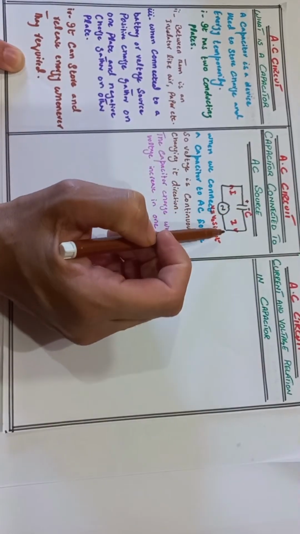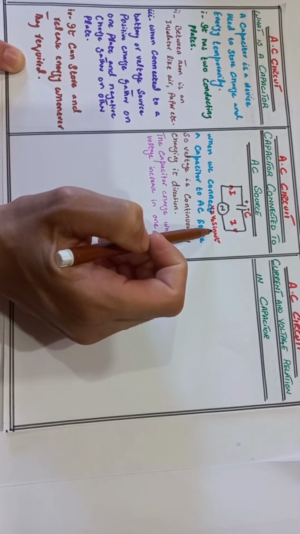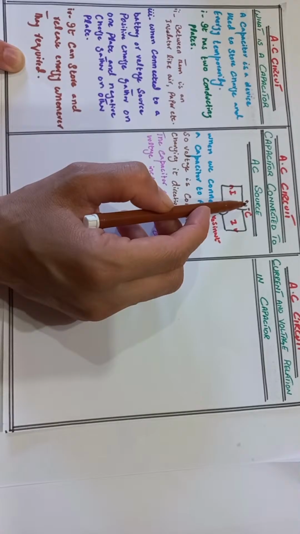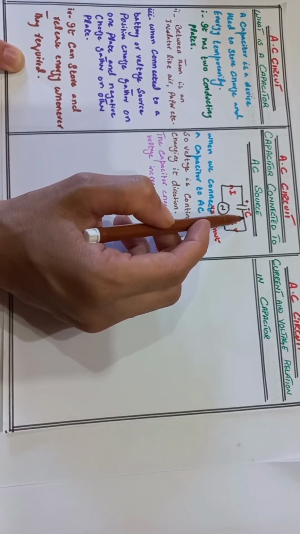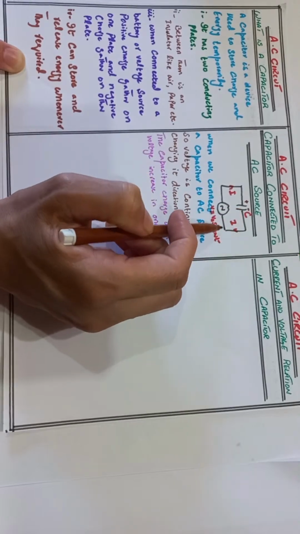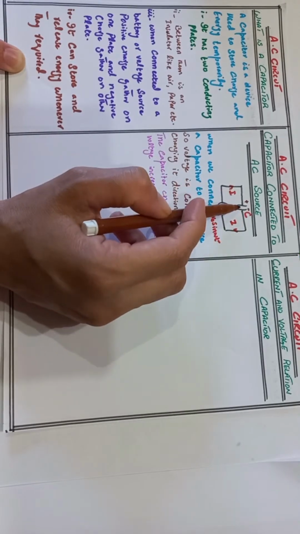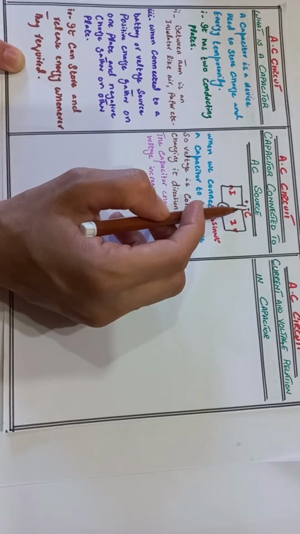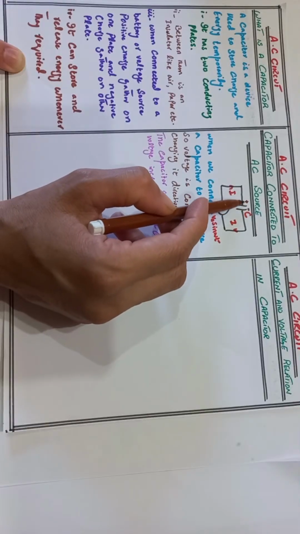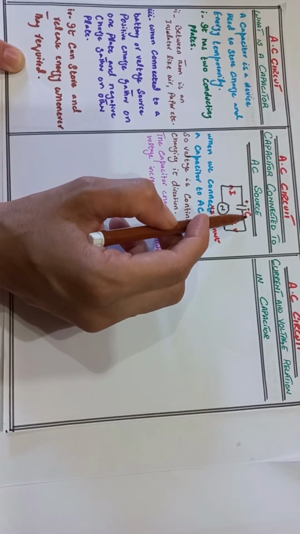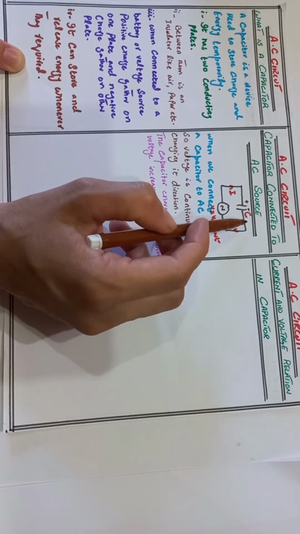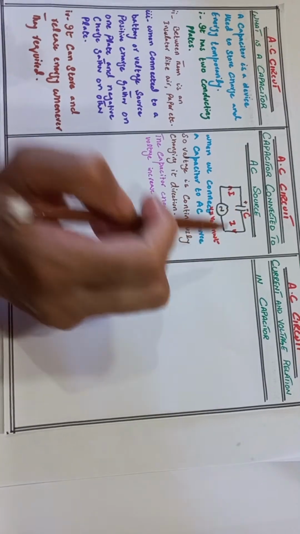When the voltage reverses its direction, the negative charge stored on the negative plate starts moving toward the positive plate. So this plate becomes positive and that plate becomes negative. So it is continuously changing its direction. The capacitor is charged or discharged when the voltage reverses its direction.